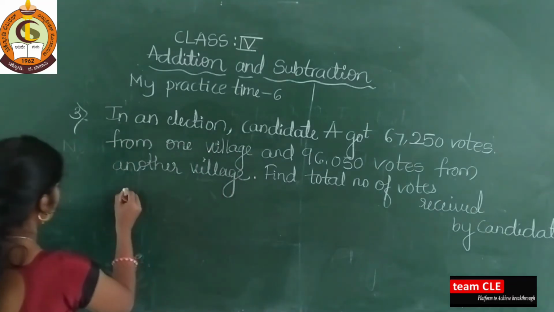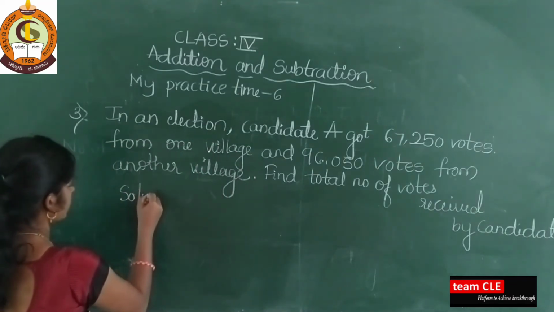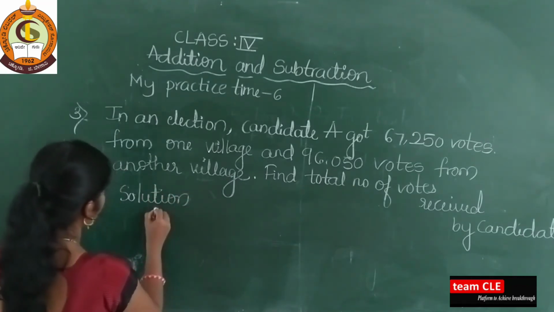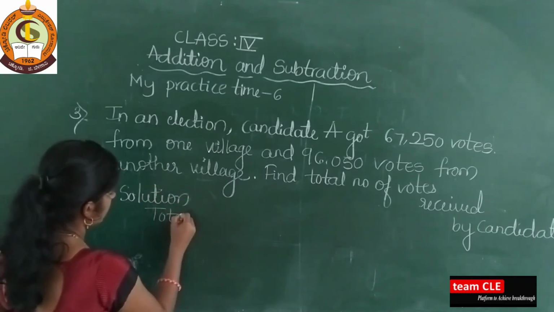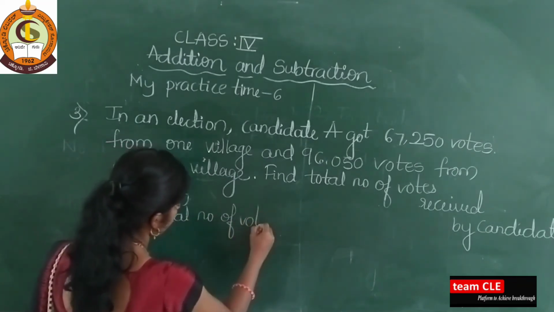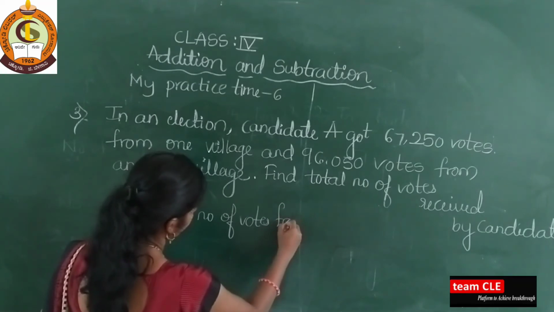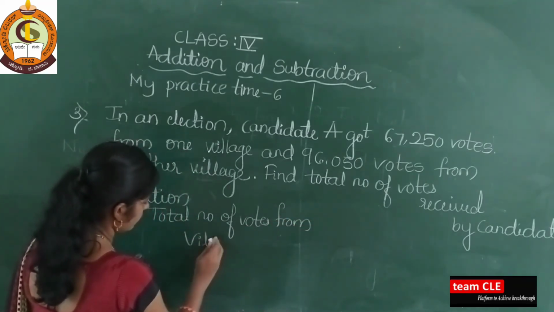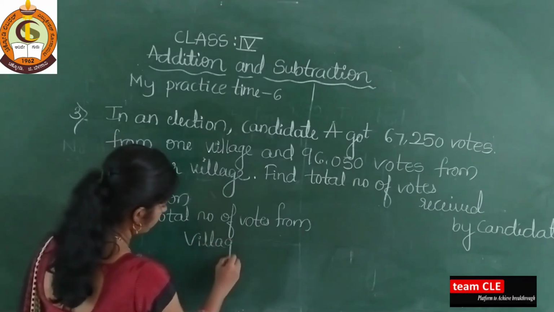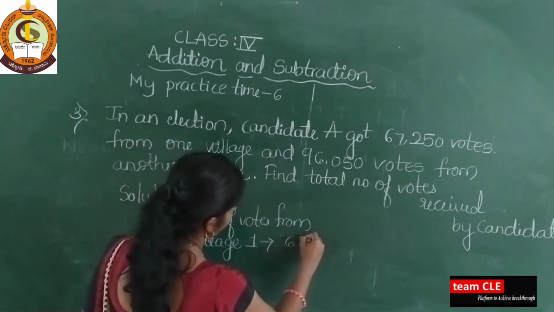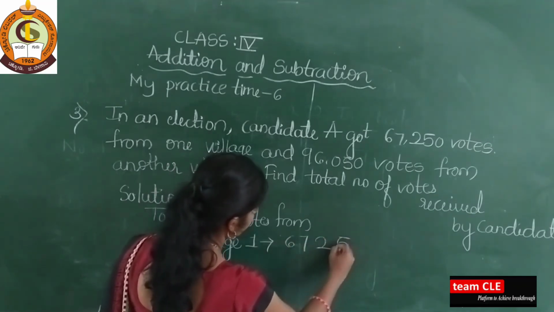So write here: Solution. Total number of votes from village 1, how much are there? 67,250.